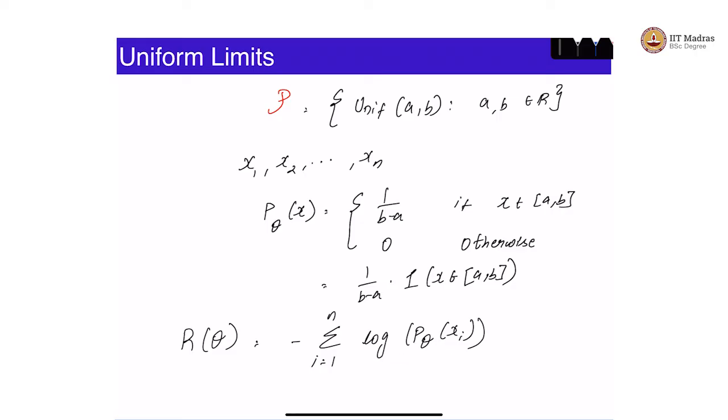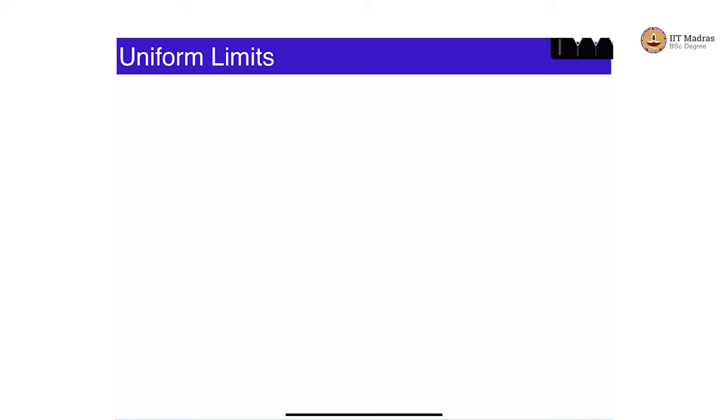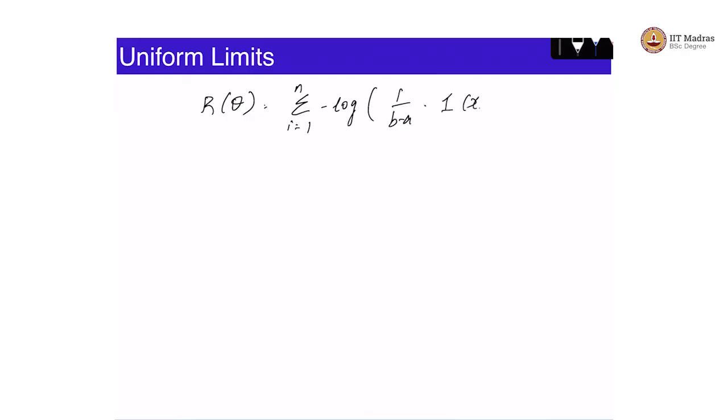So let's write down the risk of the parameter theta as follows. If you go ahead and write down your negative log likelihood, you want to minimize this function r of theta, which is simply the sum over i equal to 1 to n of minus log p theta of xi. So p theta of xi was simply 1 by (b minus a) times the indicator of xi belongs to a to b.